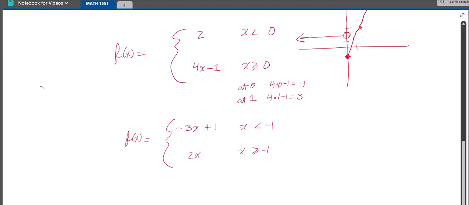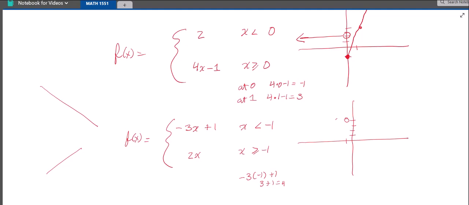A negative slope means it's going to be sloping downward. This one has a positive slope, so it'll be sloping upward. So x less than negative 1. So I'll plug in negative 1, negative 3 times negative 1 plus 1, that's 3 plus 1 is 4. So at negative 1, it's 4, but that has an open circle because it does not include an equal sign.